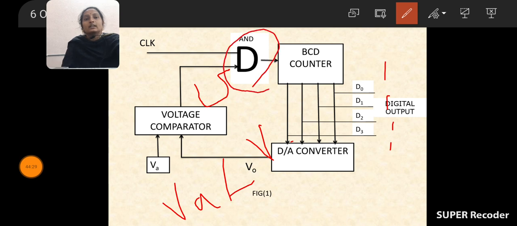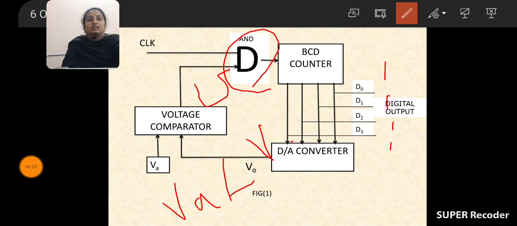When it acts like an open circuit, clock pulses will not reach the BCD counter, so the counter stops counting. The output of the counter is equal to 0: D0, D1, D2, D3 are all equal to 0. When the D to A converter converts this 0, we get V0 equal to 0.